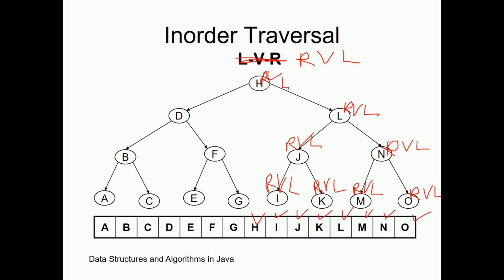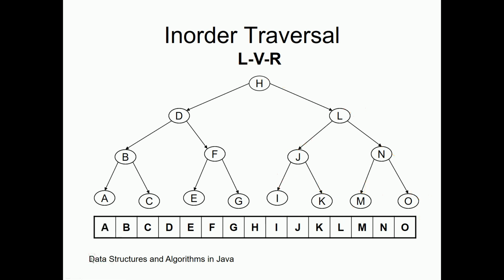So as you can see, instead of displaying them from the smallest to the largest, it displays from the largest to the smallest. So LVR gives you the smallest to the largest. RVL gives you the largest to the smallest.